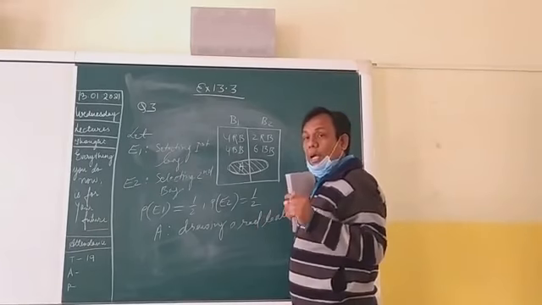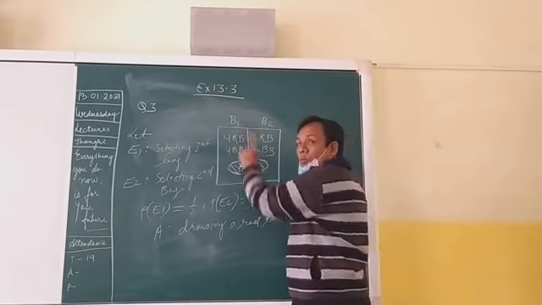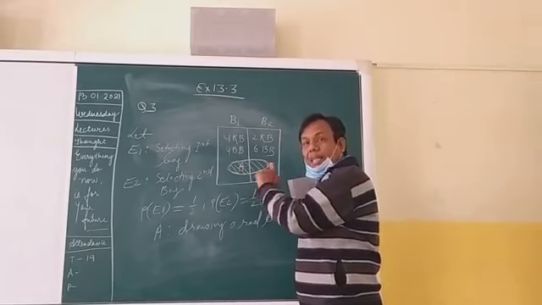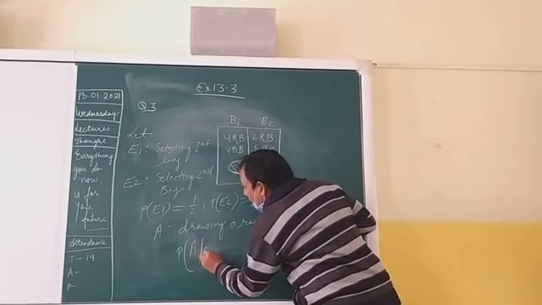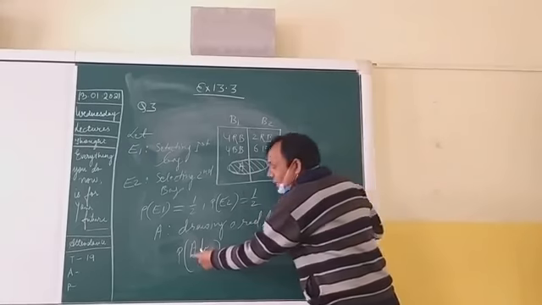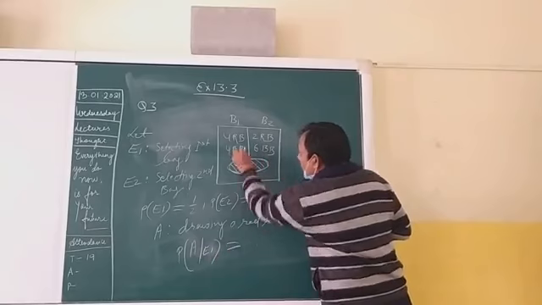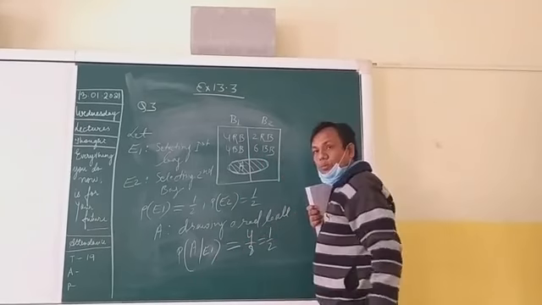Now, what we have to write? We have to see two cases. Either this red ball is drawn from the first bag, or the red ball is drawn from the second bag. It means that you have to find P(A/E1), selecting the red ball from bag 1. So this will be 4 by 8, and it will be 1 by 2. Clear?